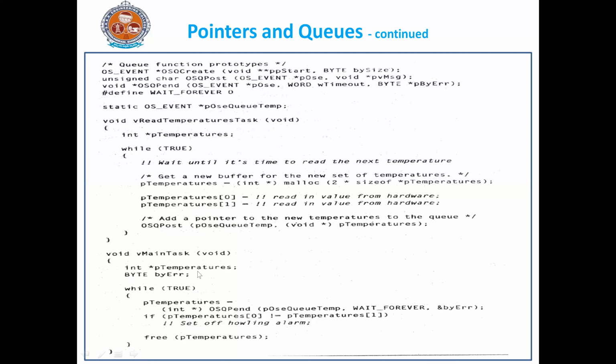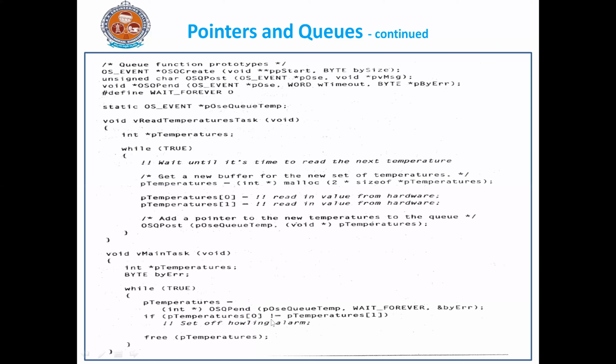In the main task, we again declare the P temperatures variable as a local variable, and to this variable you are reading from the Q with OSQ pend. It gives the temperatures, whatever has been written onto the Q, to P temperatures of this task. Now you will get either the new values or the old values, which will be consistent.